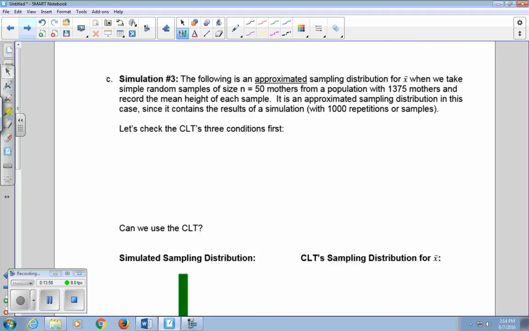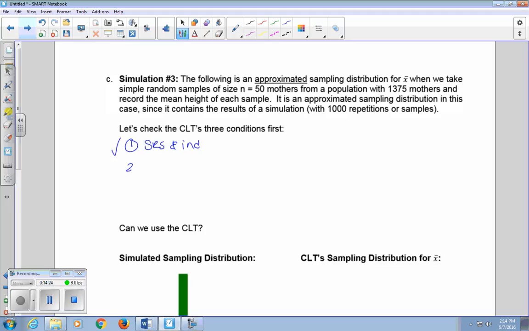Let's check our 3rd simulation. So again, same scenario. This time we have a sample size of n equals 50. So we're having 50 mothers. We're sampling them 1,000 times, calculating the mean of each sample. And again, checking these conditions, they're similar. We still have simple random sampling and independence.